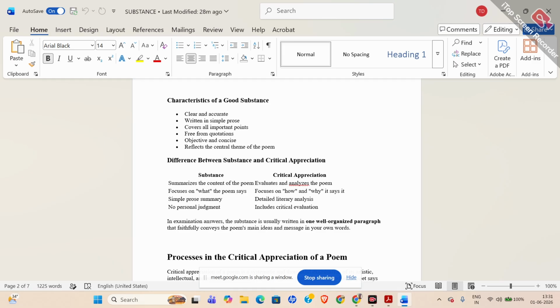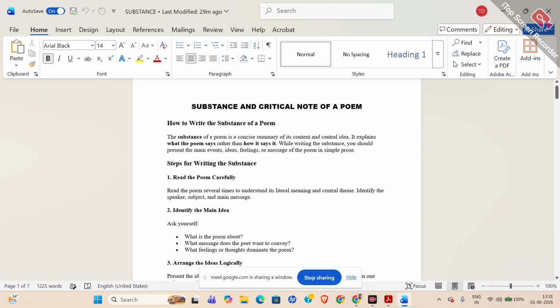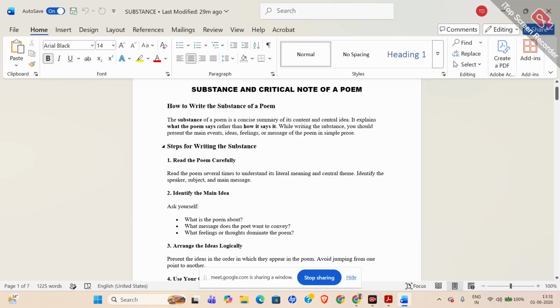Reflects the central theme of the poem. So a good substance, obviously, it reflects the central theme of the poem. তাহলে আমরা দেখো এই জিনিসগুলো এতক্ষণ আমরা দেখলাম। তো যারা পরে এসেছো একটুখানি দেখে নাও how to write the substance of a poem. So these are the main points that we have to keep in mind.